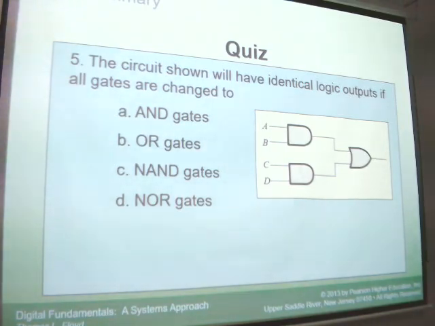And then for the first bar, we use De Morgan law.